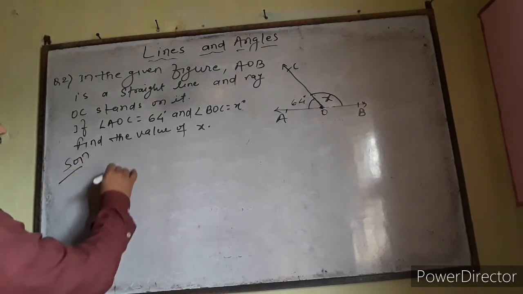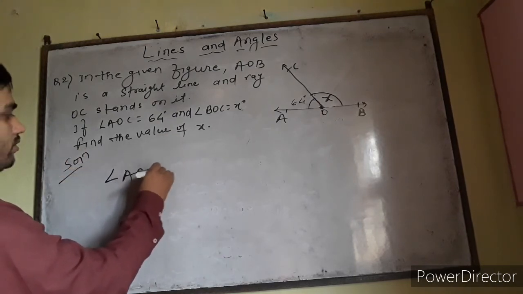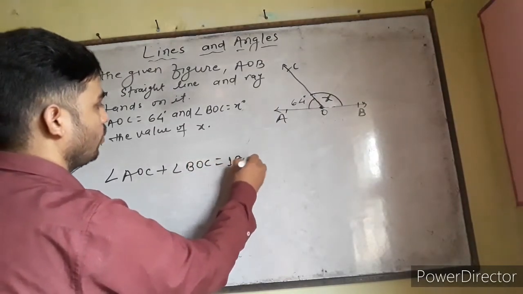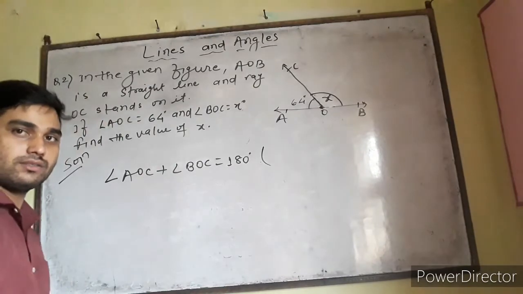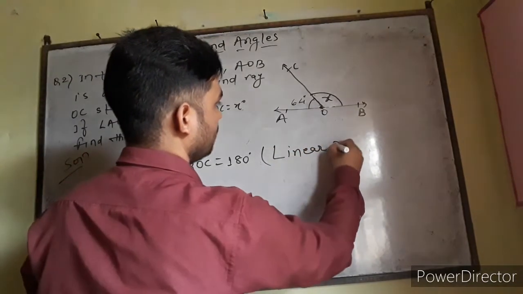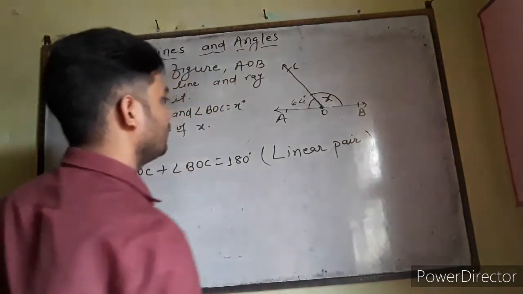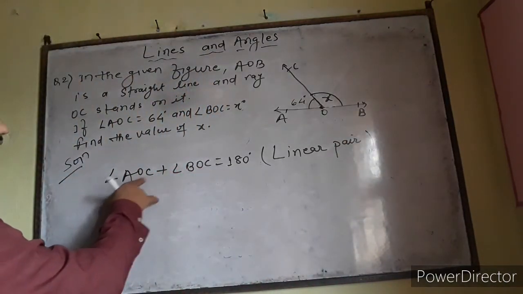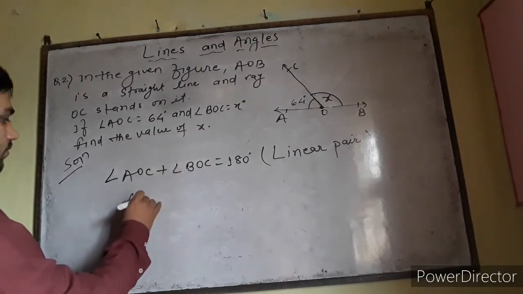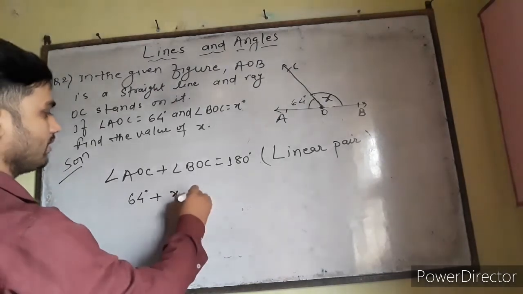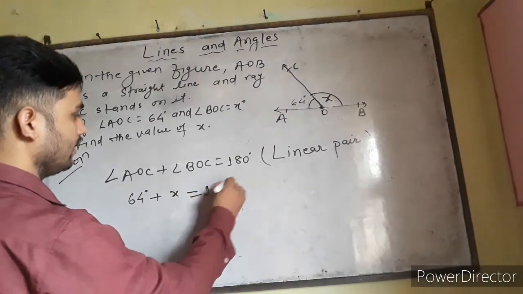Solution: angle AOC plus angle BOC is equal to 180 degrees, by the linear pair property. Instead of AOC, the value given is 64 degrees, plus BOC, that is x, is equal to 180 degrees.